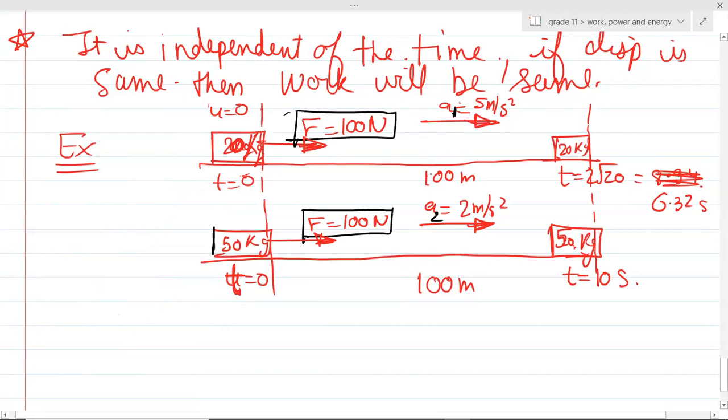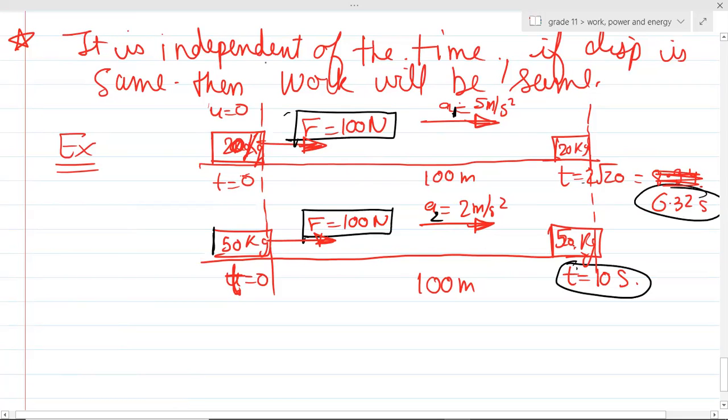It means the first block is moving faster and the second block is moving slower. So when we calculated the time for, let's say, a 100-meter distance, this block was reaching it after 10 seconds and this block was reaching after 6.32 seconds.